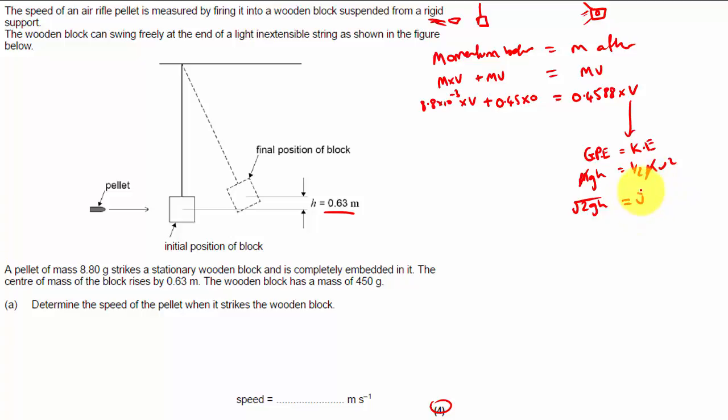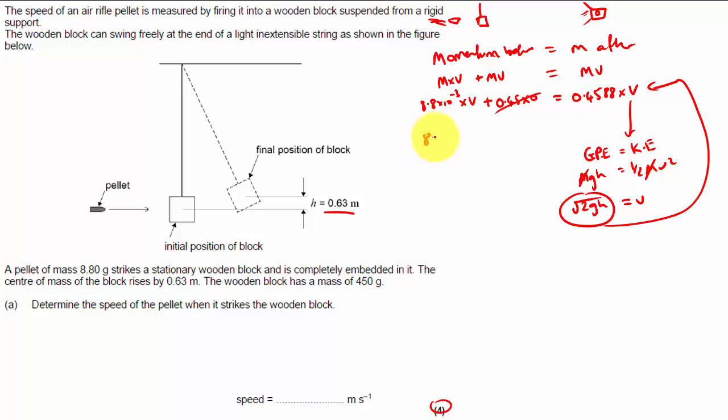So v equals root 2gh. I can sub this in for this value of v. Rewriting this line again and simplifying, you can see 0 times that cancels out.